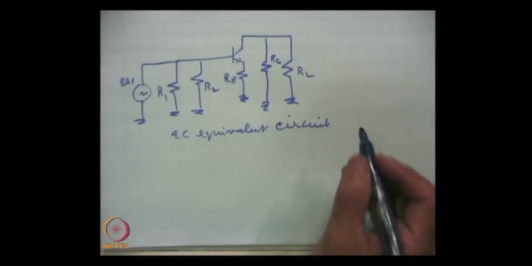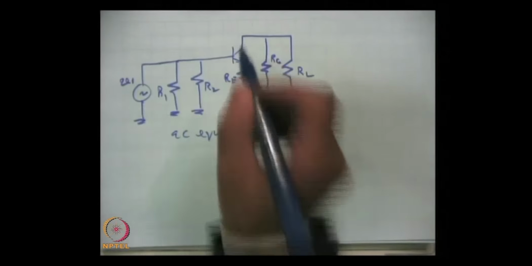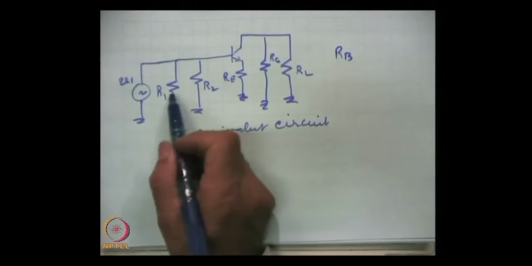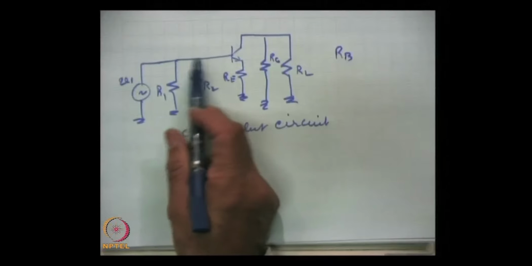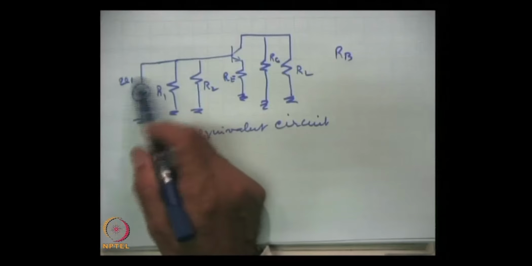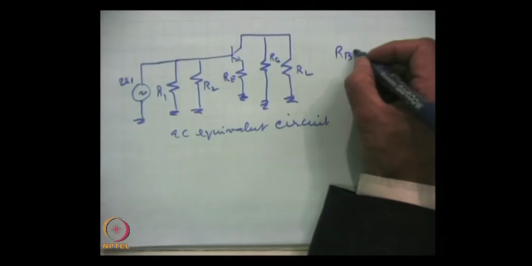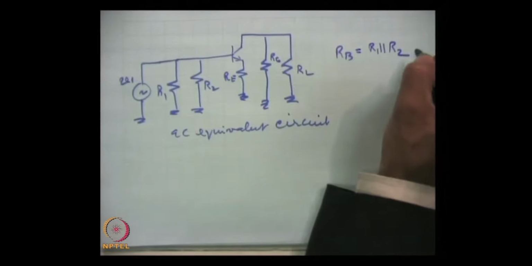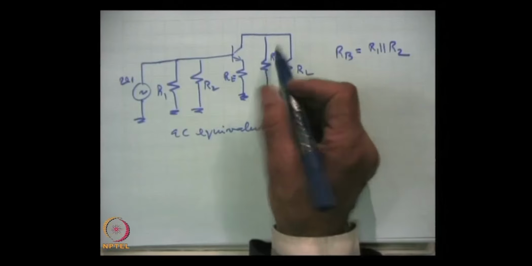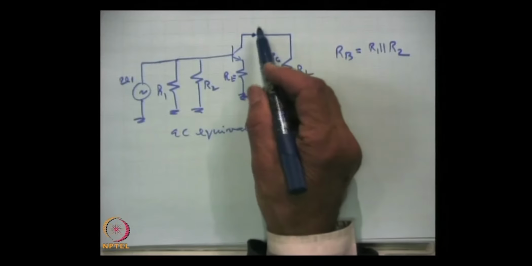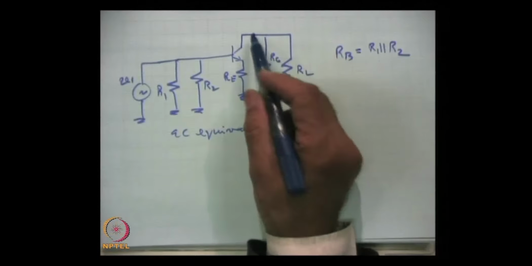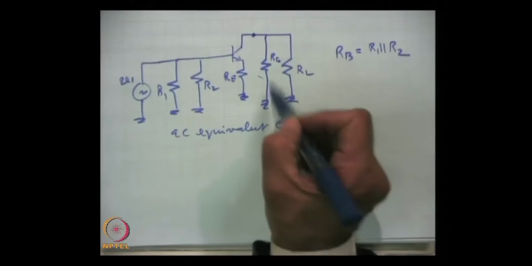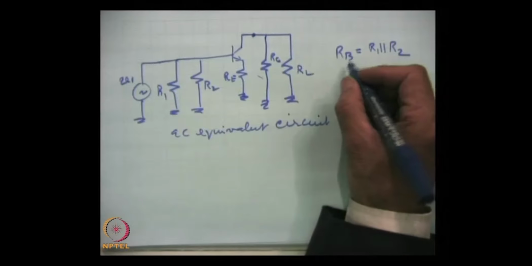So, we remember that these two resistances are coming in parallel. So, the effective impedance seen by this is RB, which is R1 in parallel with R2, and RC, what is the effective, this is the collector. So, what is the effective impedance which the collector will be seeing, these two are in parallel.